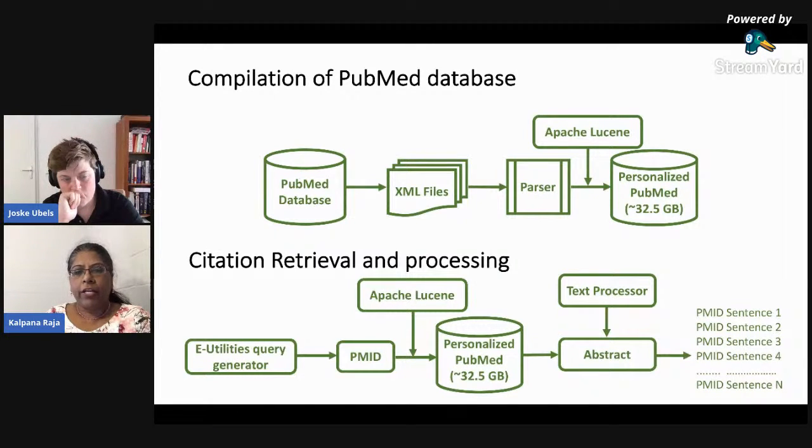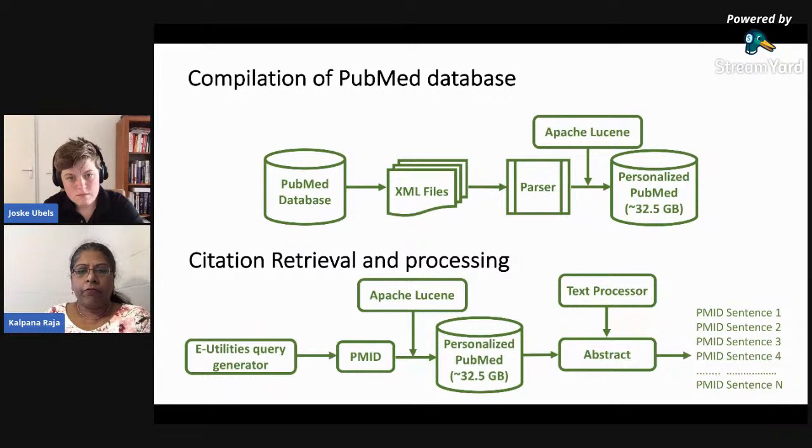Once we get the information, the next step is to build a personalized PubMed. When we have the personalized PubMed, we have to make sure that the retrieval from it is of the same speed as we access the PubMed database online. To achieve this, we normally index and then compress into a personalized PubMed.